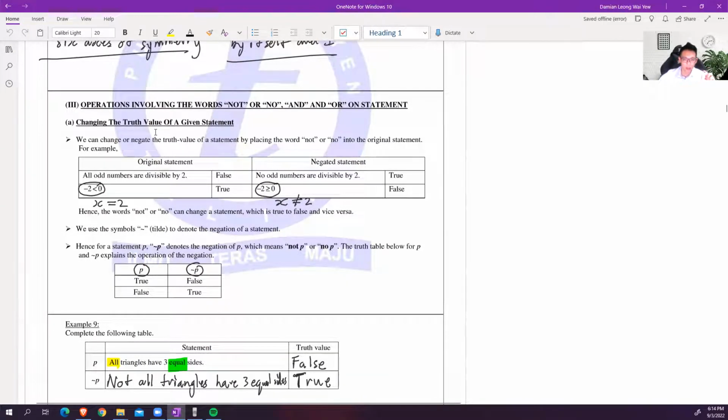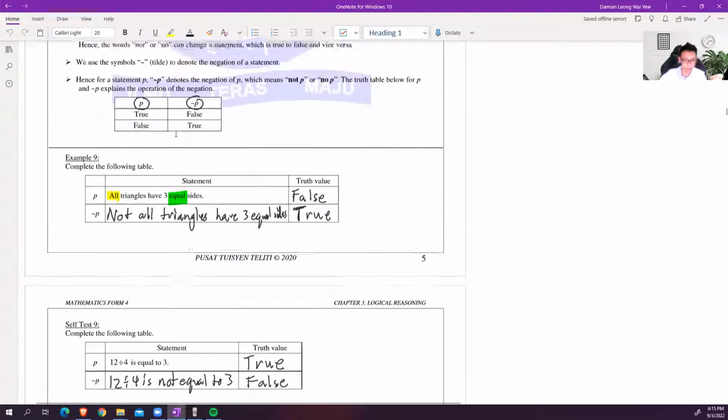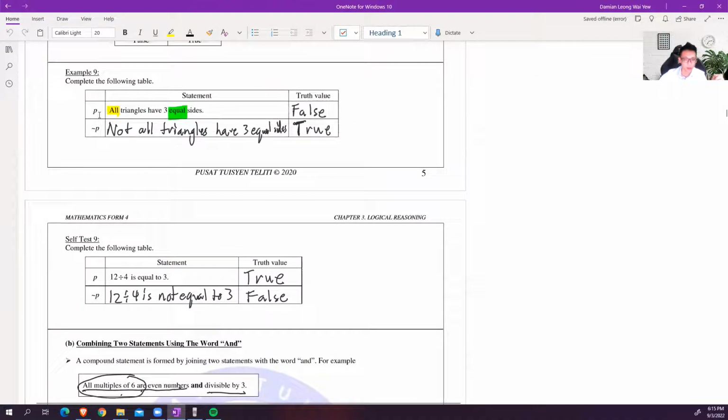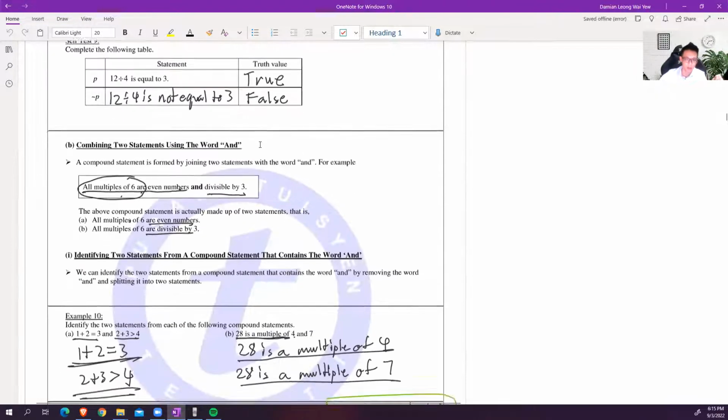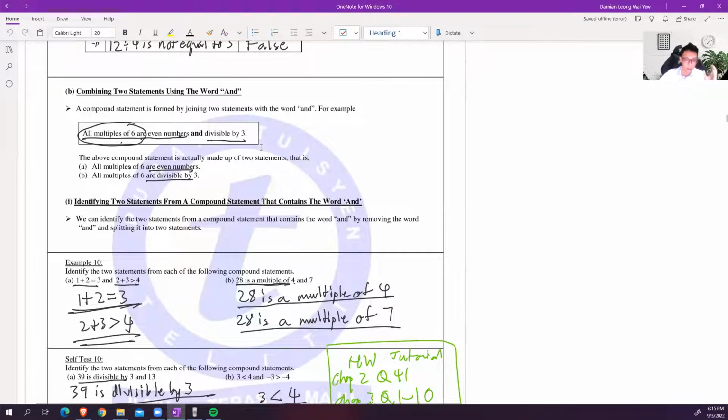Not means by using not something, we change the truth value of your statement, either from false to true or true to false. Like all triangles have 3 equal sides, I change to not all triangles have 3 equal sides.